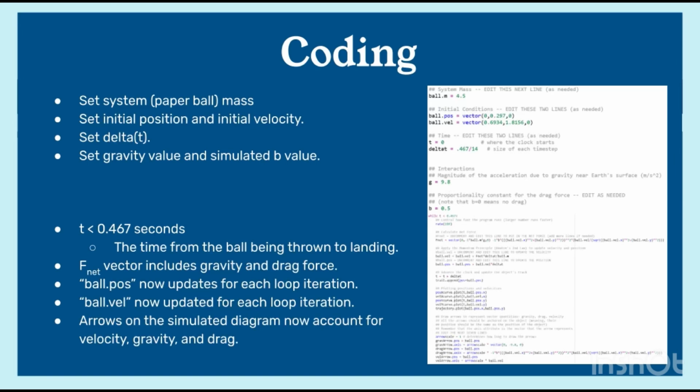I included that in our coding, and I also have the F-net vector including gravity and drag force, since those are both forces acting on our paper ball throughout its motion. Ball position and ball velocity were updated for each loop iteration, and I also added the coding for the arrows on the diagram, which you will finally see in the conclusion section.